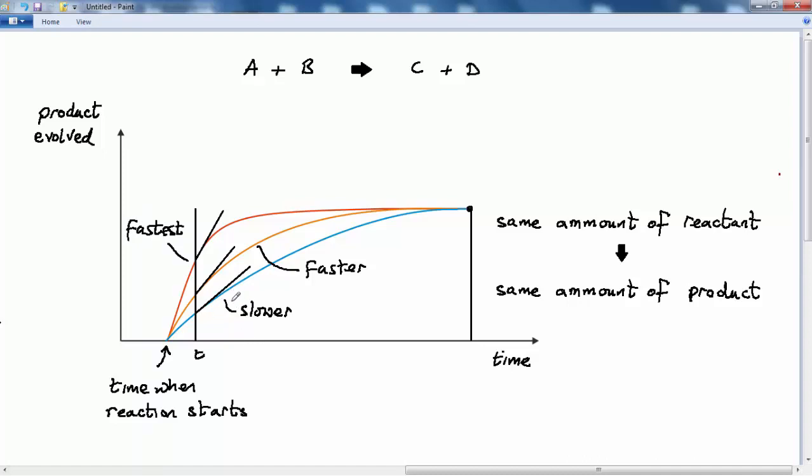And so there may be a number of factors which influence this difference in the rate of reaction. So for example, as we move from blue to orange to red, the reaction rate is increasing because the temperature of the reactant is increasing, or possibly because the concentration of either A or B or both increases.